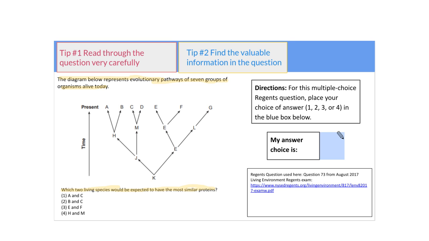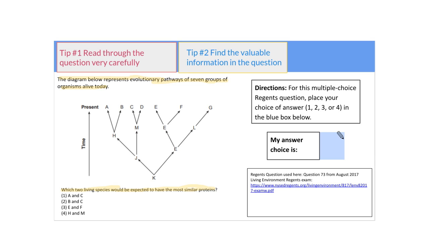Tip number 2: because most of the times valuable information is in the reading or in the question, let's annotate as we read. Take note of what is important from the question.